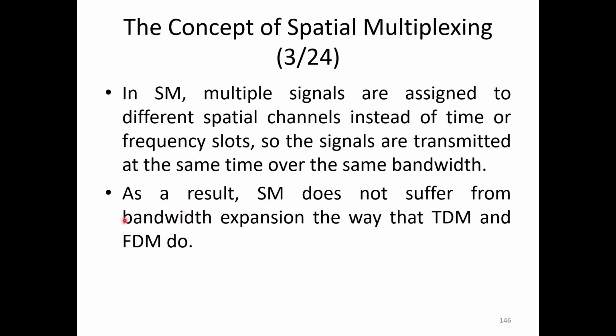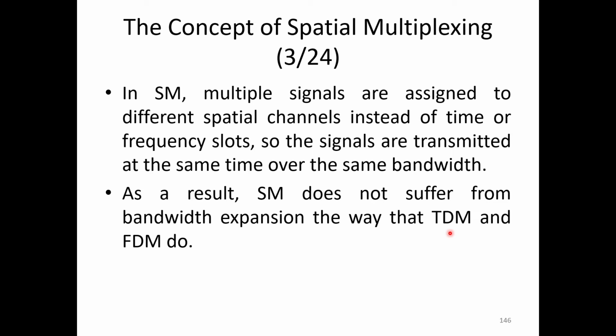Okay, why do we have a bandwidth expansion in TDM and FDM? Okay, for example, I have the time slot of 1 second now. But in this 1 second, I need to transmit 10 different data streams.